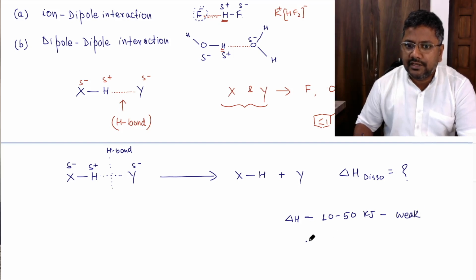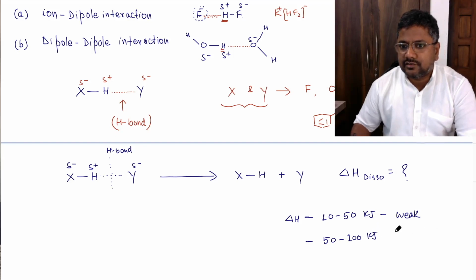If it varies between 50 to 100 kilojoule, then this is called a strong hydrogen bond.